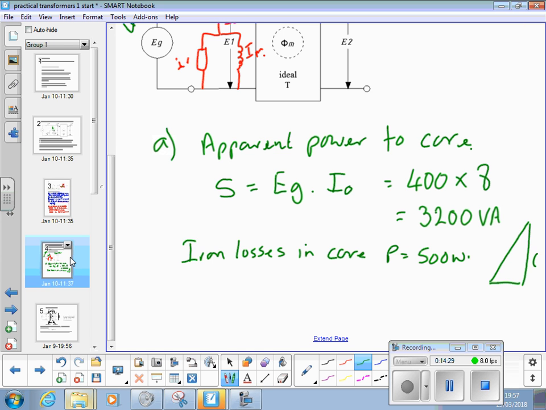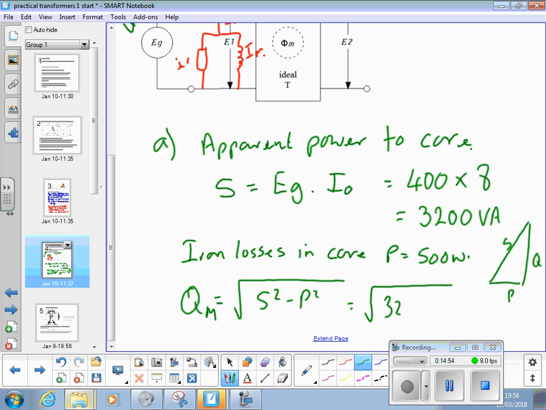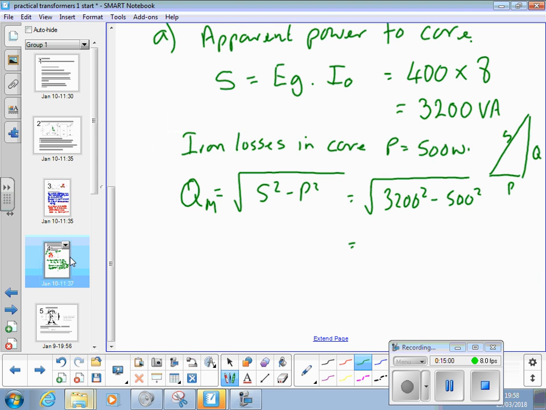We want this one, Q. So Q, and that's QM, is equal to root S squared minus P squared. That's root 3,200 squared minus 500 squared equals.